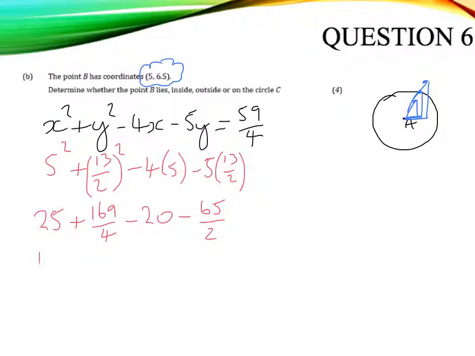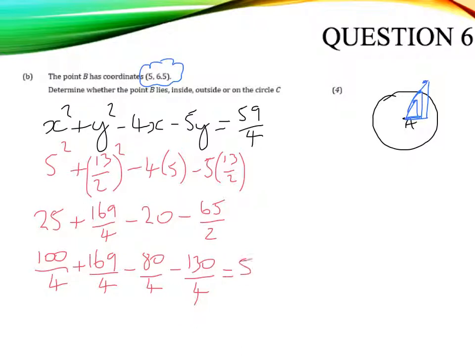So we've got 100 over 4 plus 169 over 4 minus 80 over 4 minus 130 over 4. And then that gives us 269 minus... let's see, what do these two give us? 210. So 269 minus 210 is 59 over 4. And that's what we were expecting if it was to be on the circle.